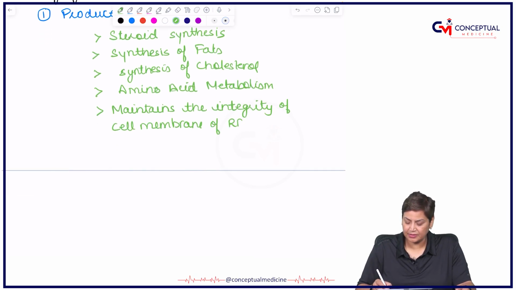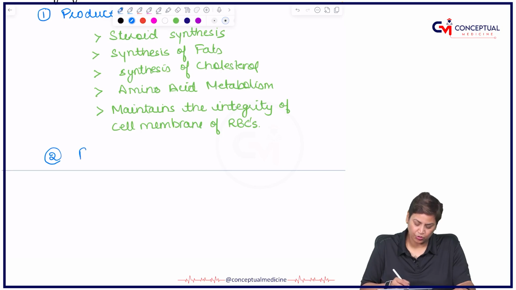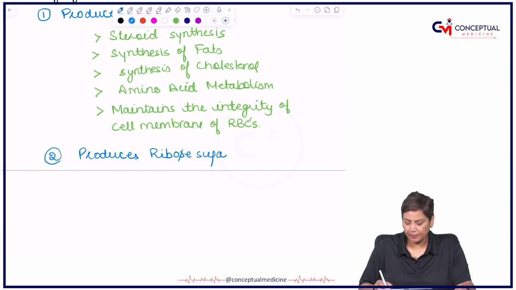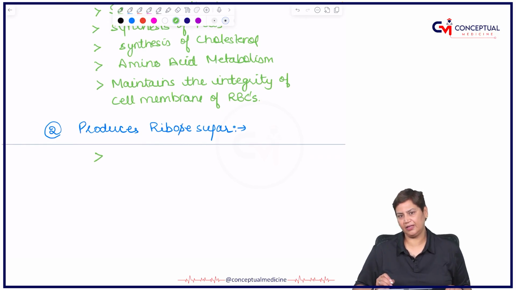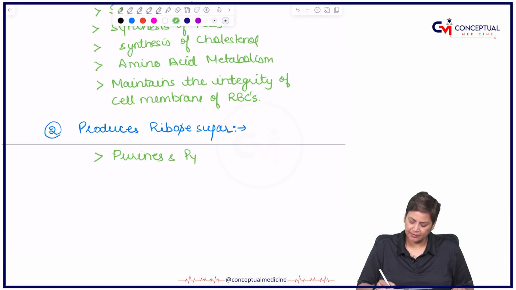Membrane of RBCs, right? And the second important feature is that it produces ribose sugar also. Ribose, which is a pentose sugar. And what is the significance of this ribose sugar? It is required for the synthesis of the bases of DNA. So I can say it produces DNA bases, or whatever you can say, purines or pyrimidines. To be more specific, purines and pyrimidines, which are the bases of DNA and RNA.